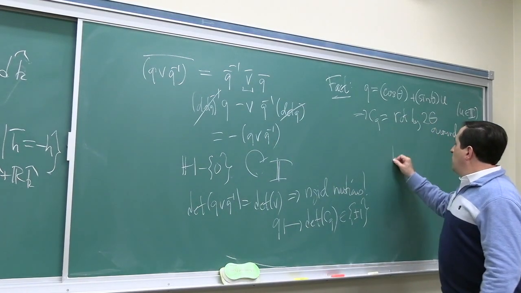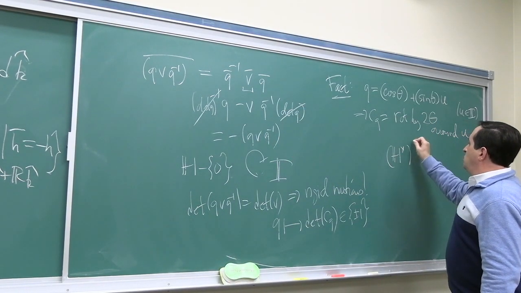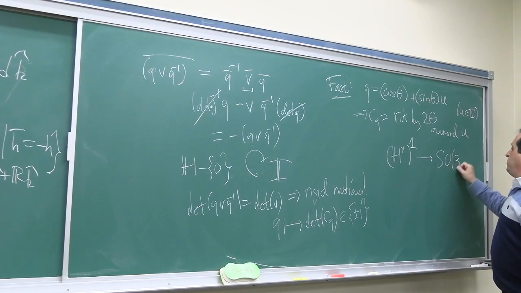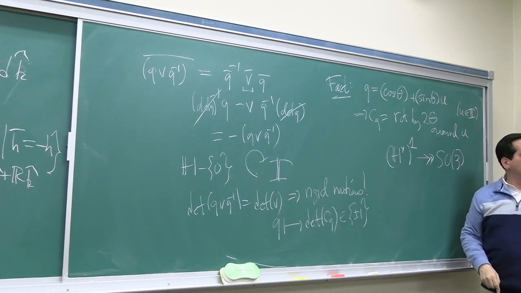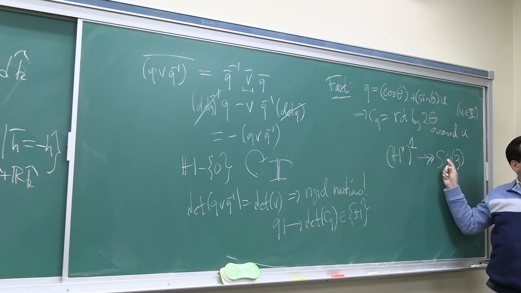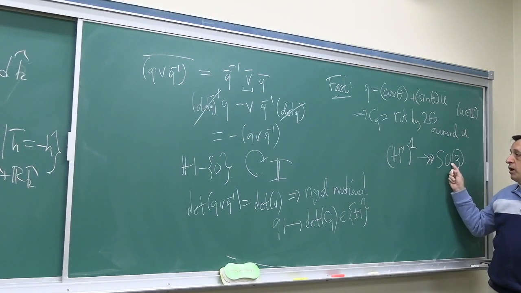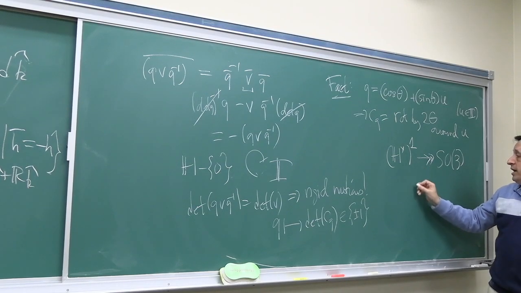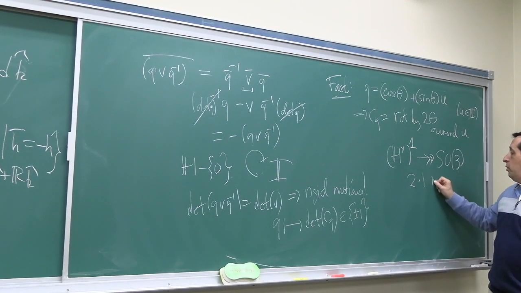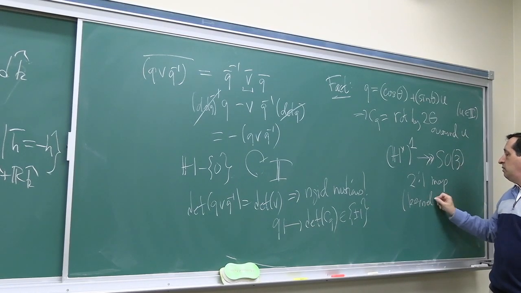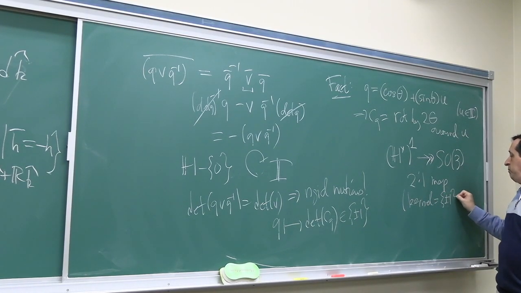And if you limit yourself to the unit quaternions, then you're getting everything, and the only ambiguity, this is a homomorphism. If you compose conjugations, it's like multiplying the things you're conjugating by, and this turns out to be a 2-to-1 map, where the kernel is exactly plus or minus 1.